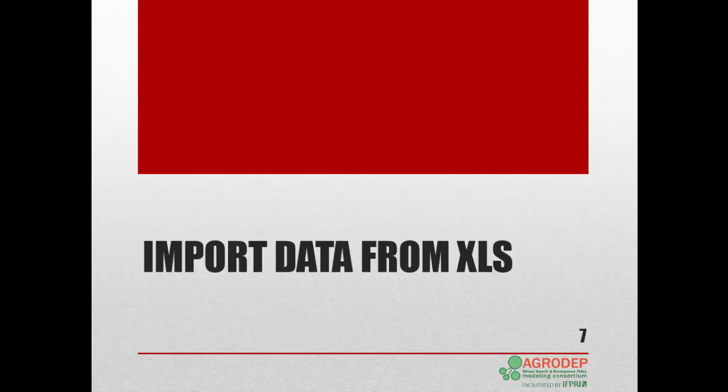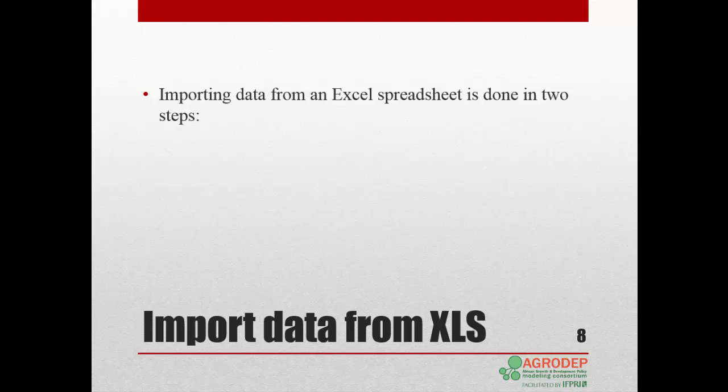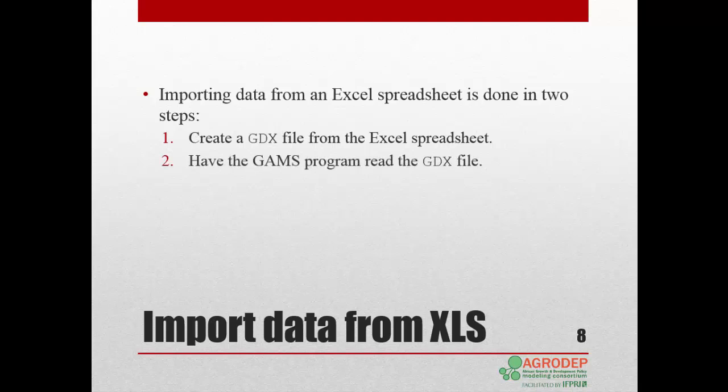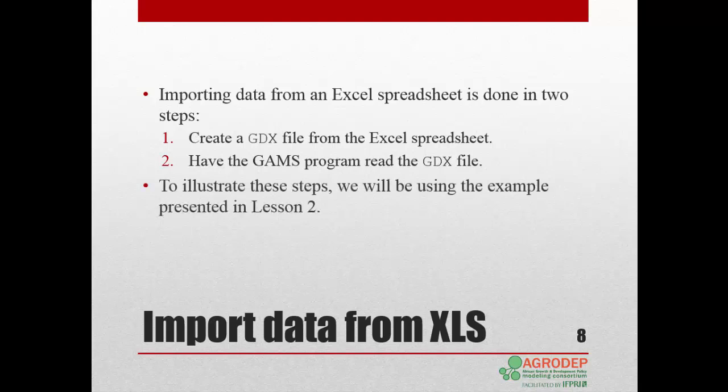First, how to import data from Excel into GAMS. As mentioned earlier, we import data from an Excel spreadsheet in 2 steps. First, we create a GDX file from the Excel spreadsheet. Next, we read the GDX file in the GAMS program. To illustrate the process, we return to our example in Lesson 2.